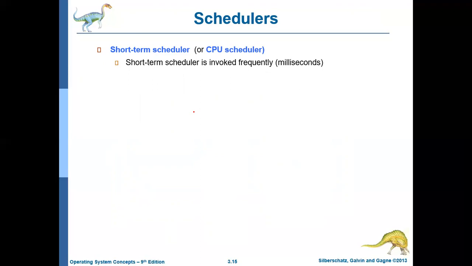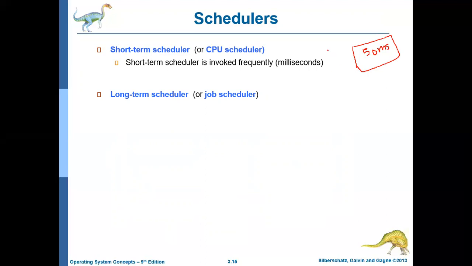That is, it is the one which assigns the processor to a particular process, and this scheduler should work at a very high speed because it will be invoked very frequently. If you take a typical CPU, it may execute a particular process for very little time, maybe 50 milliseconds or 100 milliseconds, which is a very small amount of time.